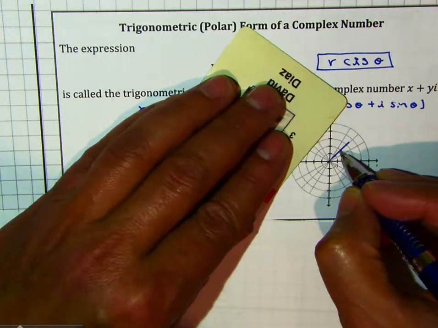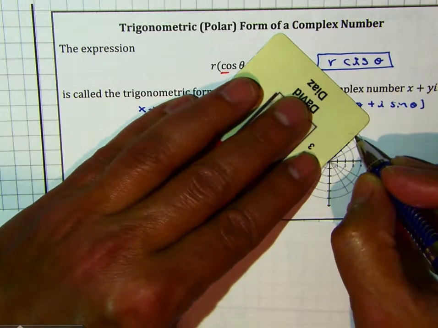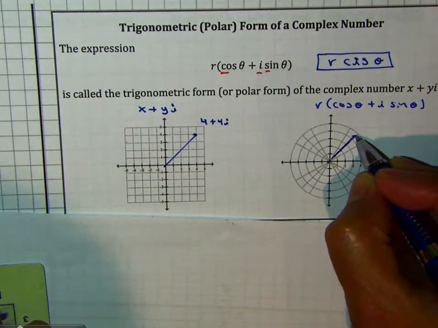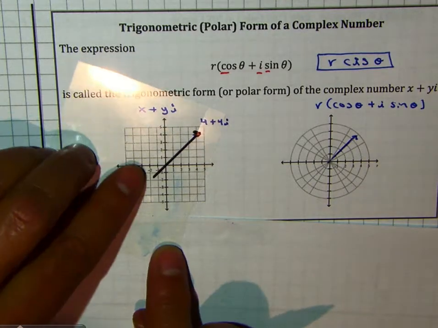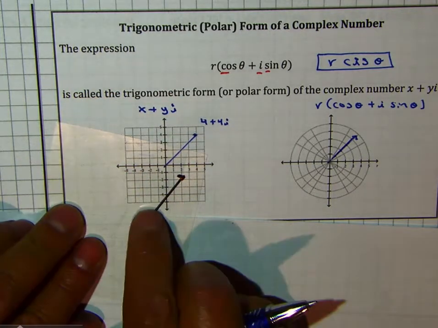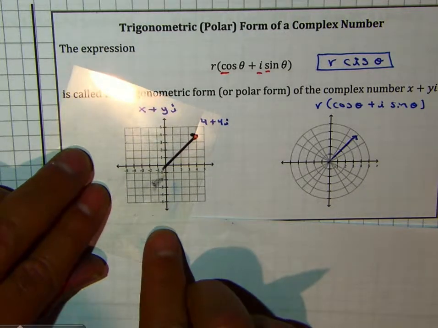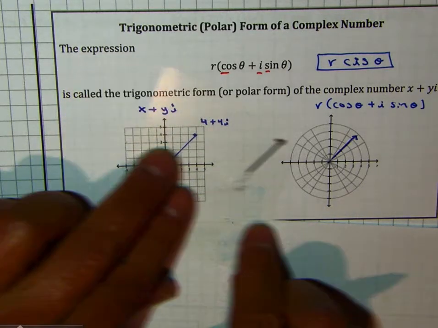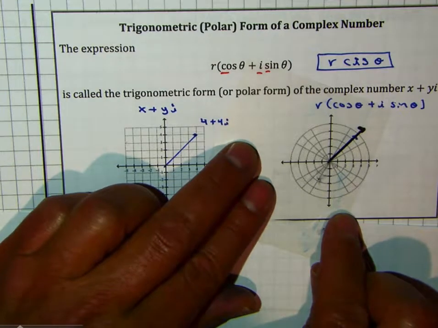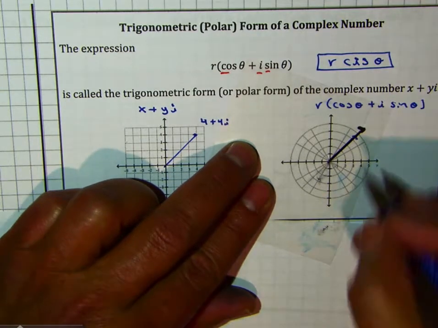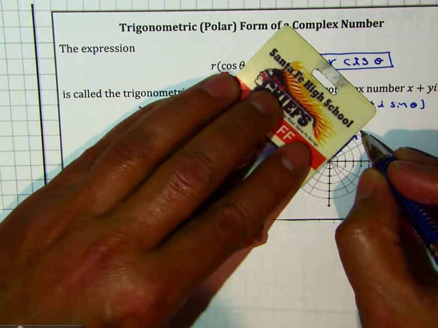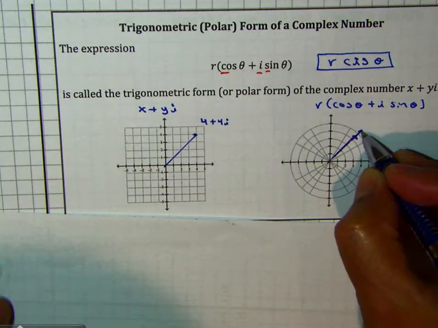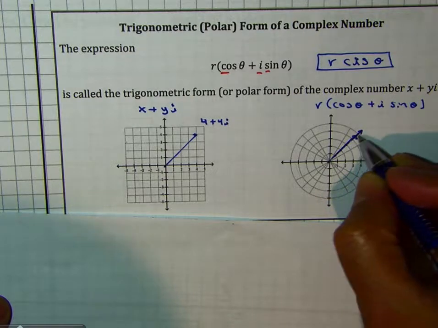So 1, 2, 3, 4, 5 point something. So it's all the way over here. In this case, it's going to have the same length and be in the same direction, so it should be 5 point something, right?